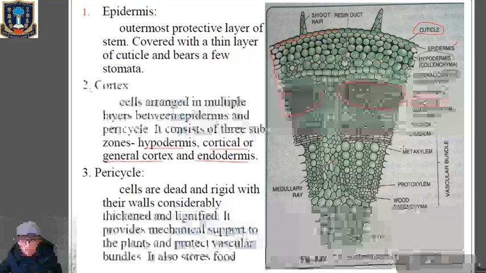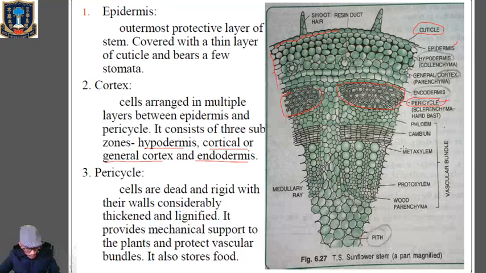So let's check it out. Pericycle is formed of sclerenchyma. Listen carefully. It is made up of sclerenchyma above the phloem, and it is nearly 4 to 5 layers thick. The cells of this pericycle, that is sclerenchyma, are dead cells and rigid.